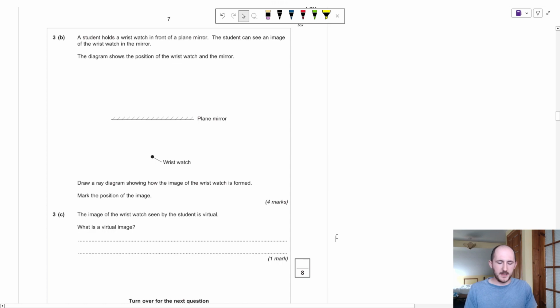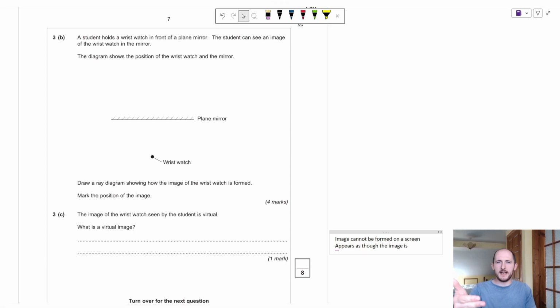Simply put, it's an image that can't be formed on a surface. So the image cannot be formed on a screen. That's a bit of a weird definition, but essentially it appears as though the image is behind the light source, right? In this case, which is the mirror.